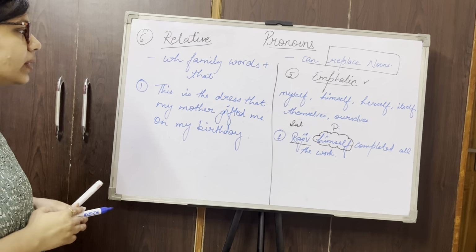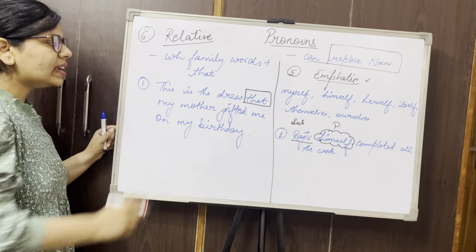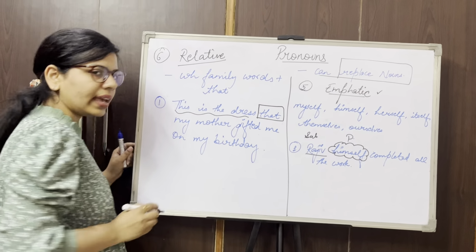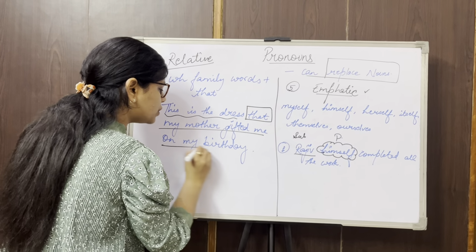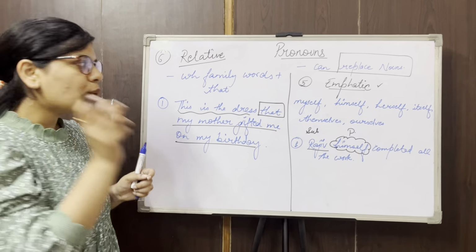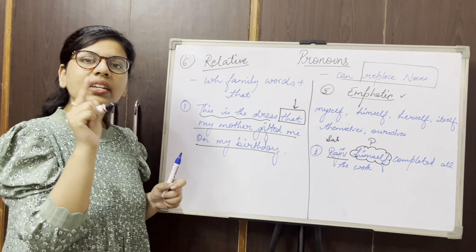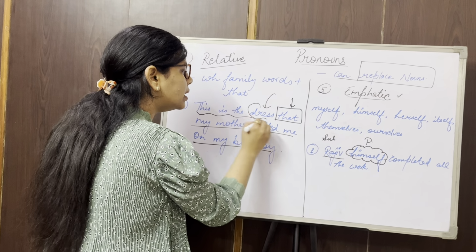Alright, now what is the pronoun here? That. Now you can see that this is the dress is a complete sentence. And then we have another sentence, that my mother gifted me on my birthday. In a way, the word that is joining two sentences and it is giving us more information about the noun.